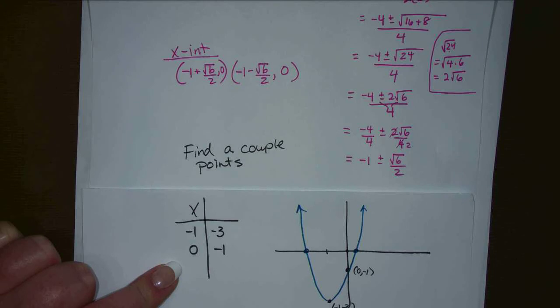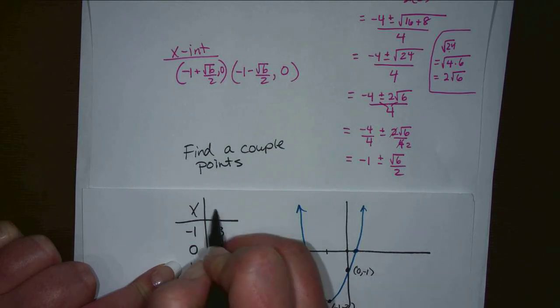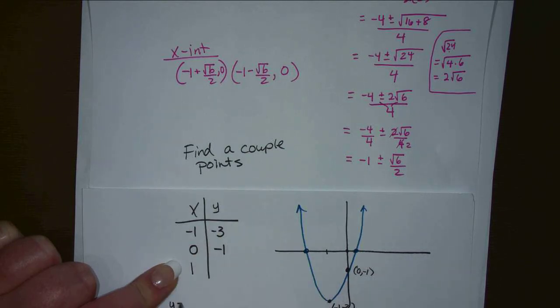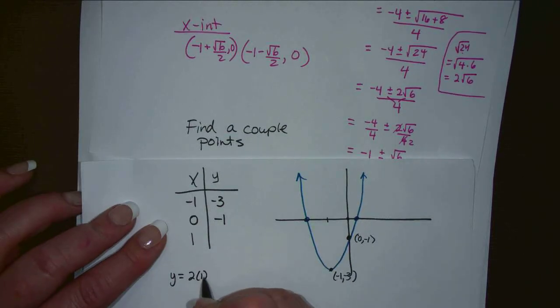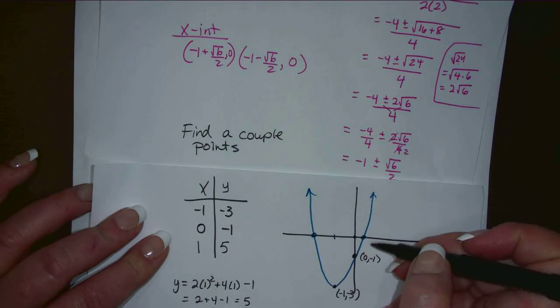So here's 0. We could try 1, and see where that is. If we plug in 1, what do we get for our y value? Our graph was 2 times 1 squared plus 4 times 1 minus 1. 5. So 1 is up here.